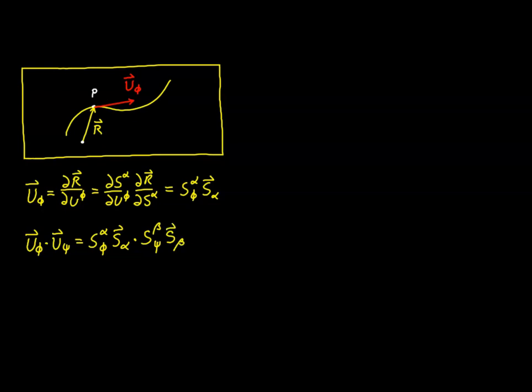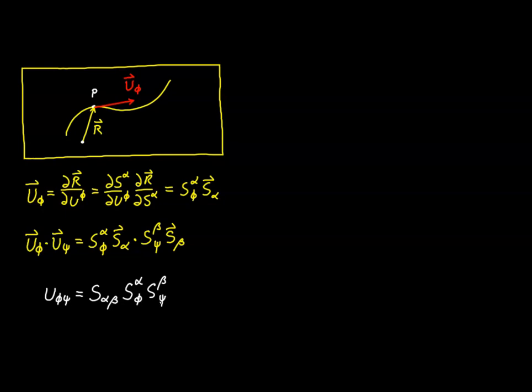All right, well, the left-hand side is nothing but our definition for the covariant metric tensor for the curve. This is U_φψ. And on the right-hand side, dotting these two basis vectors, S_α and S_β, gives us the covariant metric tensor for the surface, S_αβ, and then we have the two shift tensor factors to include here, S^α_φ and S^β_ψ.